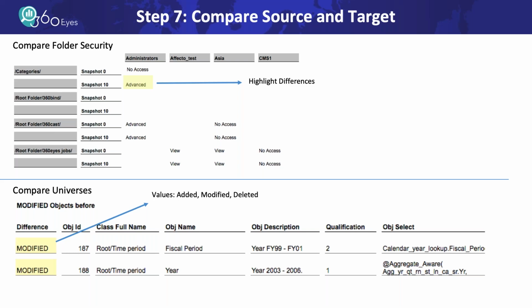So you can compare the security, for example, across folders between the two environments that you're upgrading or migrating. Same with comparison in universes. You can also do comparisons of universe contents, how they're built, as well as documents, and you can see if there are any changes that have been made between those documents before and after the migration or the upgrade.